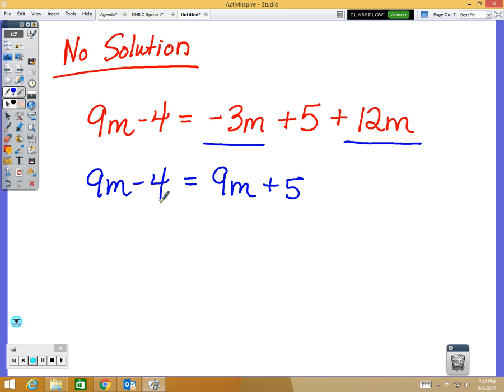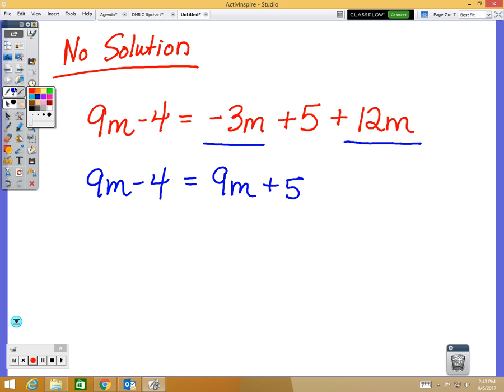So now that we've done that, we kind of see what the issue is. There's a 9m on both sides, but on one side it's minus 4, and on the other side it's plus 5. There is no number in the world, even imaginary numbers, that you could put in for m to make this work.